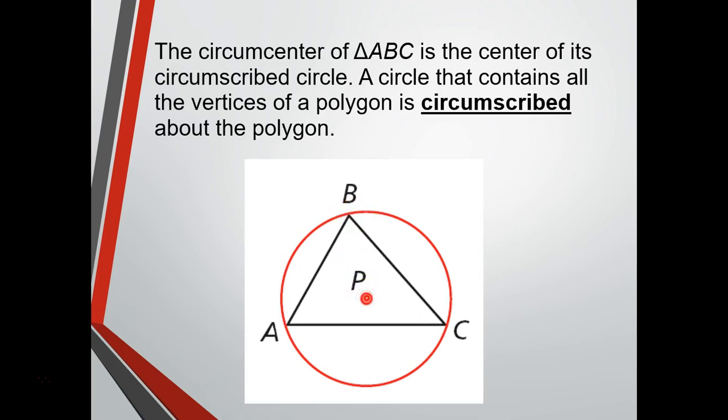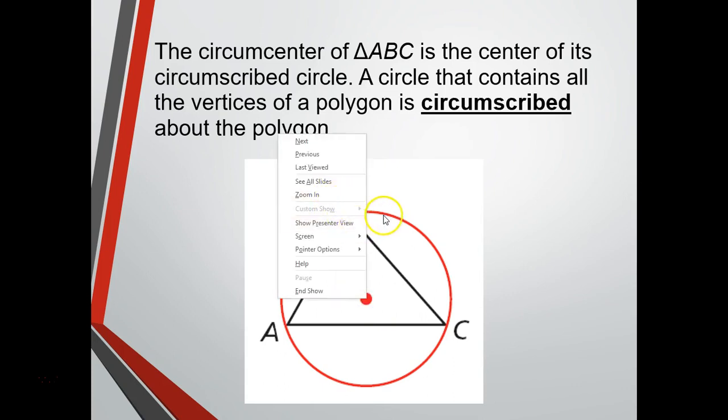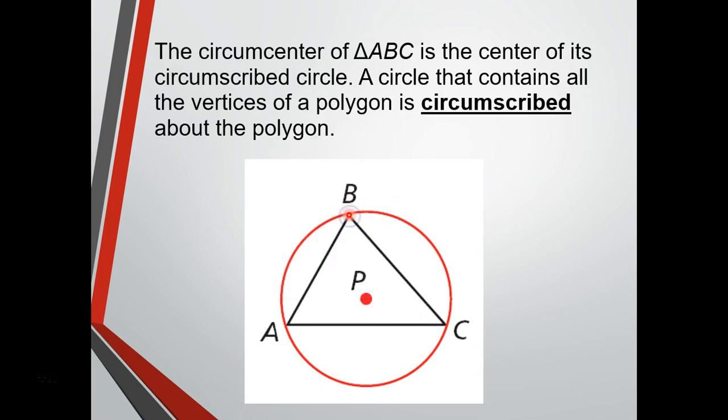This is the center, and then stretch it out to one of the vertices of the triangle, and you are going to be able to draw a circle that circumscribes this triangle. And in a true circumscribed triangle, all the vertices will touch the triangle, just like in this picture right here.